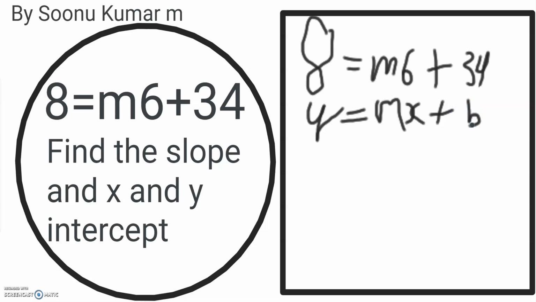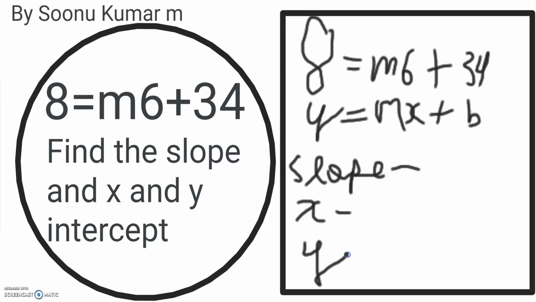Now you have to find the slope, x and the y. Am I right? You have to find the x, y and the slope from this given equation. Now in this equation, this is m6 and this is mx.